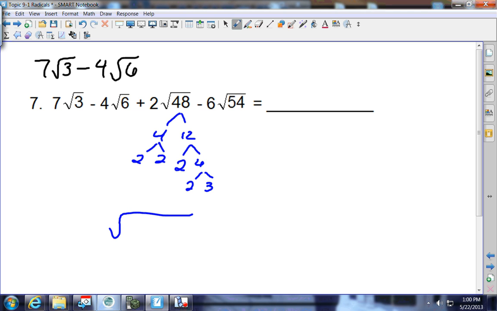So underneath my square root, so I've got a 2 out front. I've got 2 and 2. And the 2 out front, guys, came from that right there. Then 2 and 2. And then a 3. These 2's can go outside, and these 2's can go outside. So I have 2 sets. There was already a 2 sitting out there.